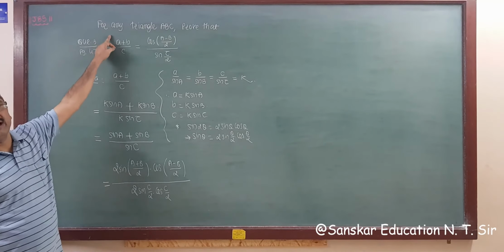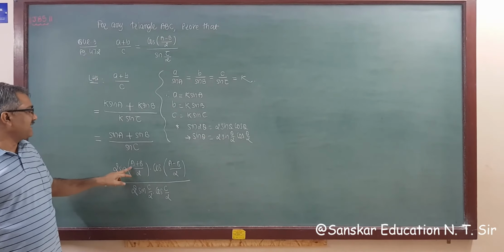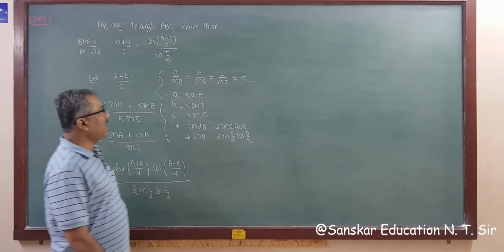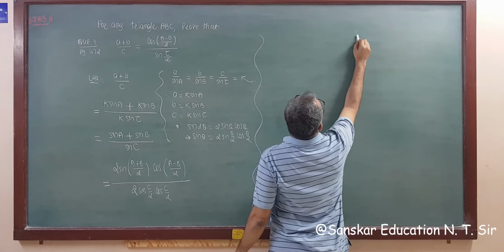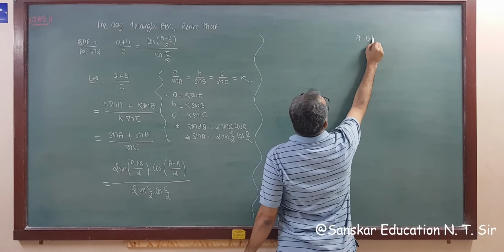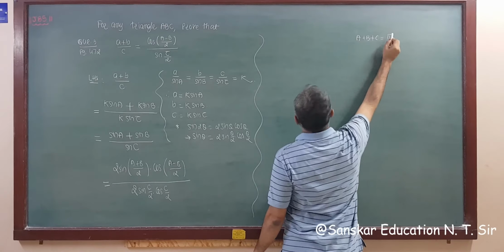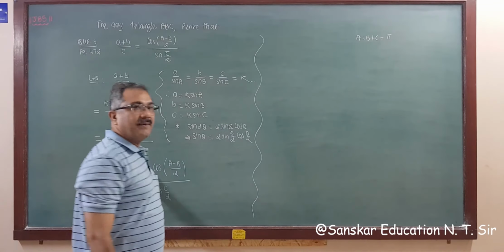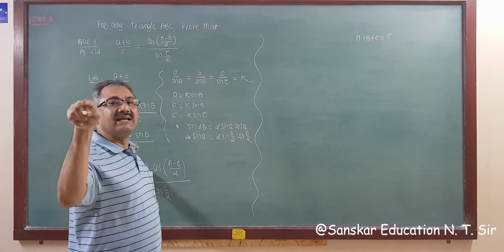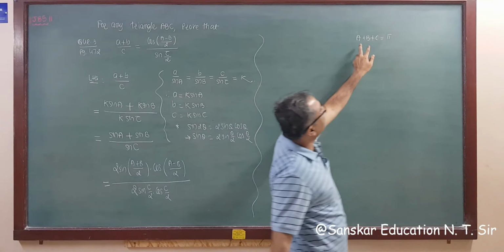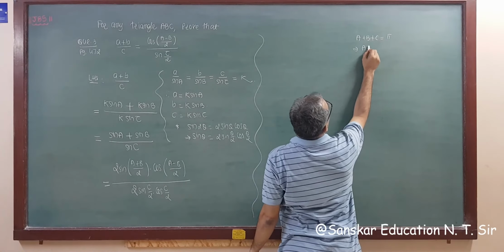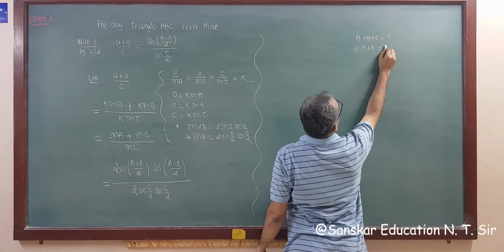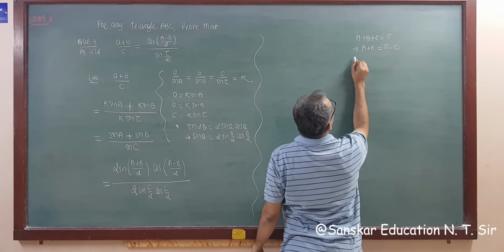Now this is for any triangle ABC, that means a plus b plus c is equal to pi, right? So using this identity, a plus b is equal to pi minus c.